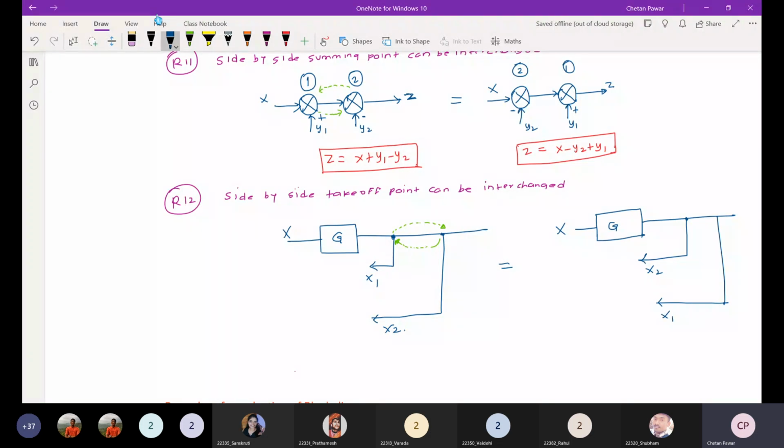So this is rule number 12, and there are some critical rules also, but first we will solve some examples, and by seeing some critical block diagrams we will see those critical rules, but these 12 are the main rules that will be used in the block diagram reduction.